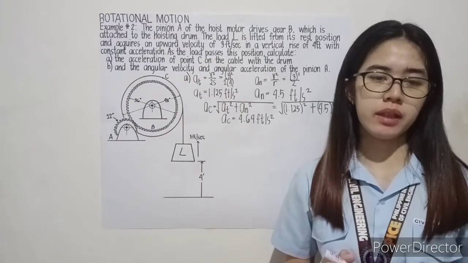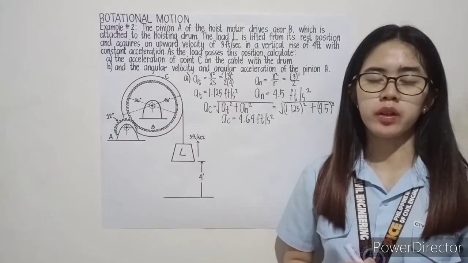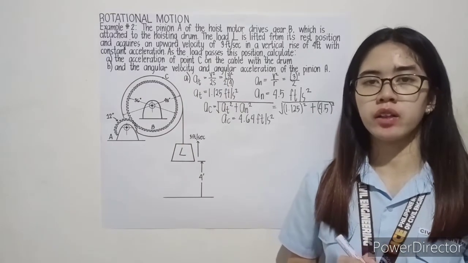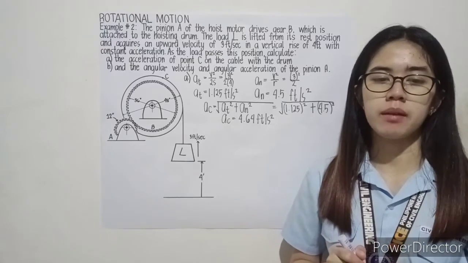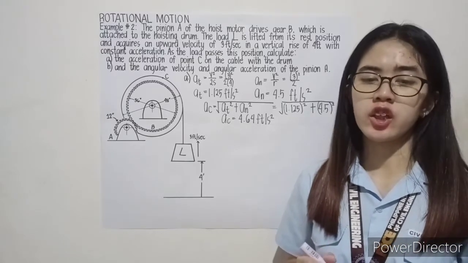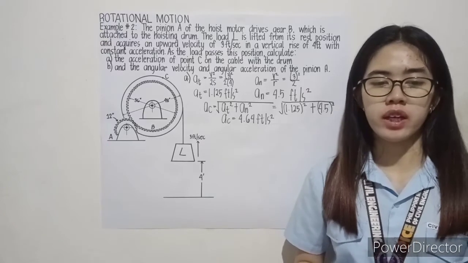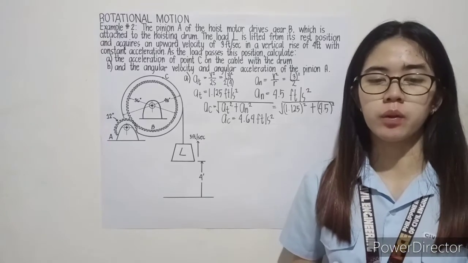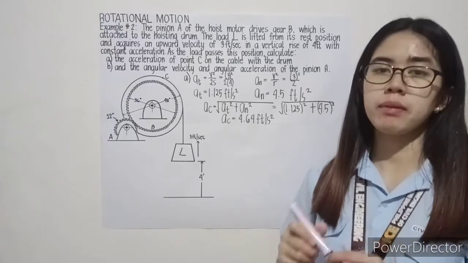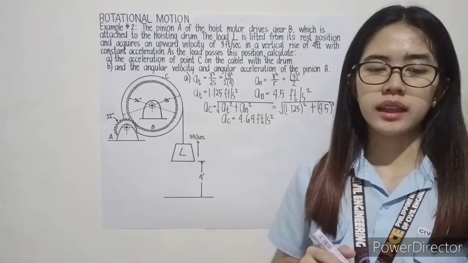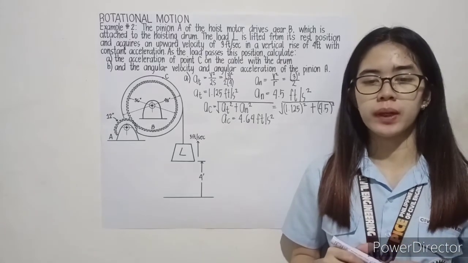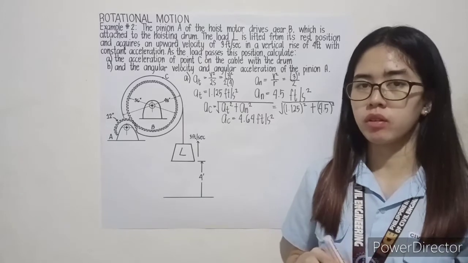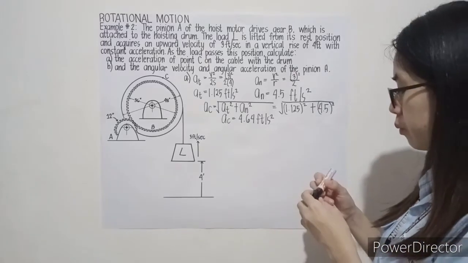So for letter B, angular motion of point A is determined from angular motion of point B by the velocity and tangential acceleration of their common point of contact. Angular motion of point B is determined from the motion of point C that is attached to the drum.